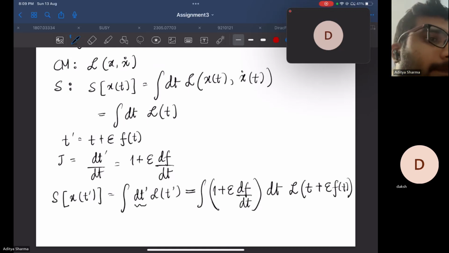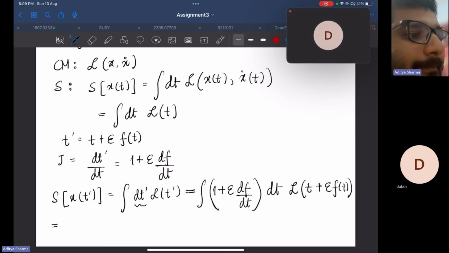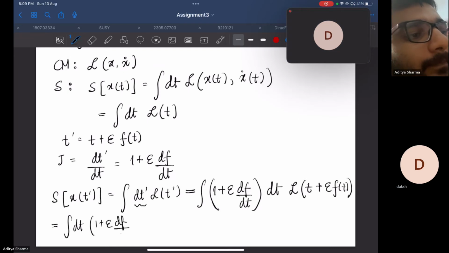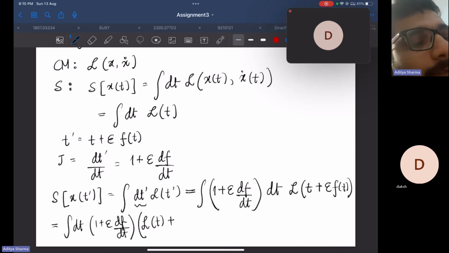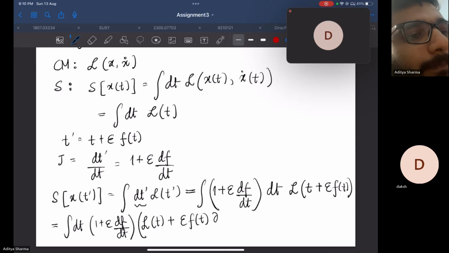So this will be the integral dt plus L of t plus epsilon f of t dL by dt.